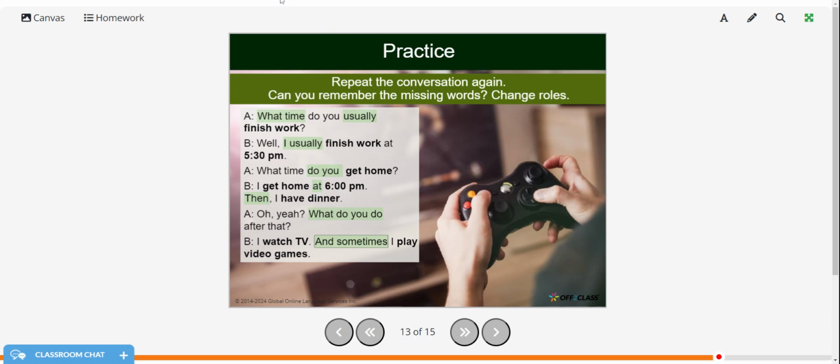All right, let's try this again. First time I'll read part A and you read part B. What time do you usually finish work? What time do you get home? Oh, yeah? What do you do after that?